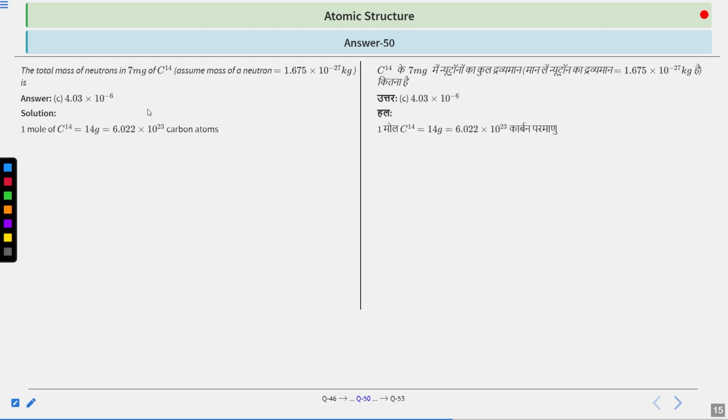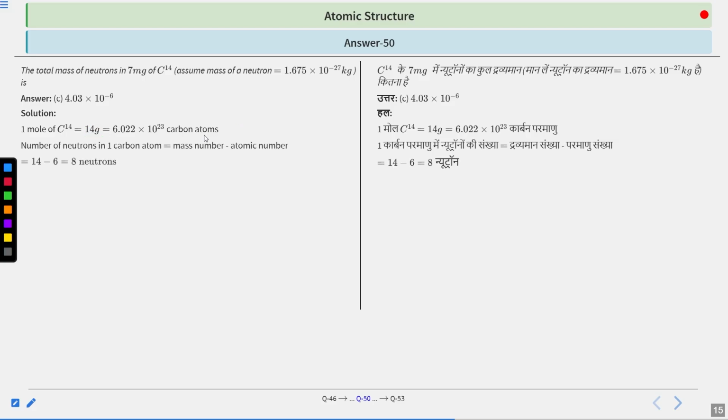How will we solve it? For that you have to find the number of neutrons in the 7 mg of C14. Now what is the mass of 1 mole of C14? It is 14 gram, which has 6.022 into 10 to the power 23 carbon atoms, that is equal to Avogadro number.